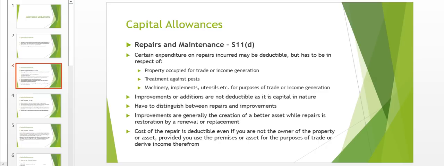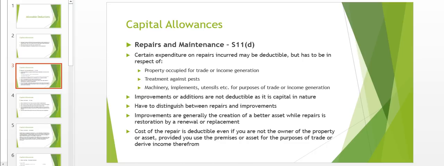So in other words, it has to be in respect of the building which you use for your trade purposes. So it can't be your personal home, you need to generate income from this property, or it has to be where you have your trade, this building has to be used for trade purposes.